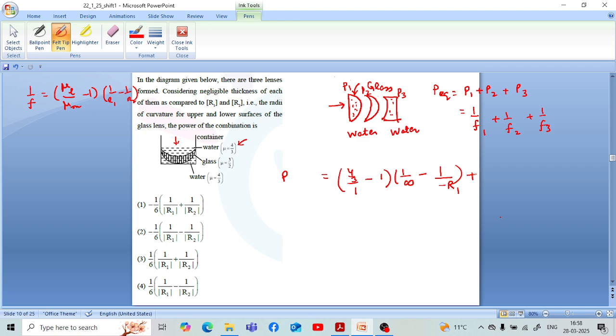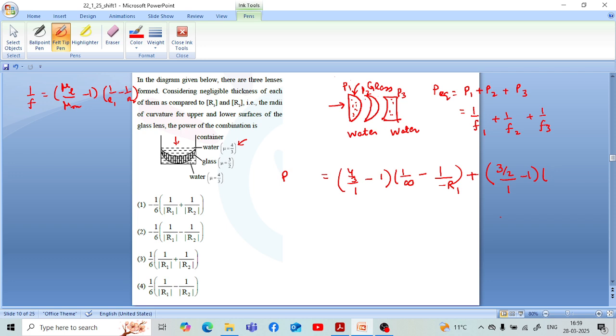Now for the power calculation of the second lens, which is glass in this case, we have to use the lens medium as the glass material having a refractive index of 3 by 2. So 3 by 2 upon 1 minus 1.